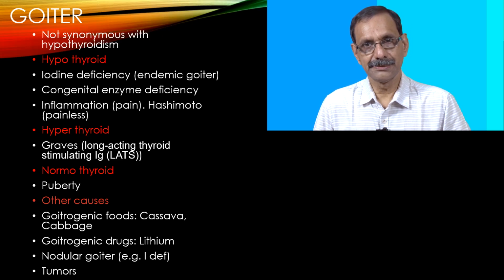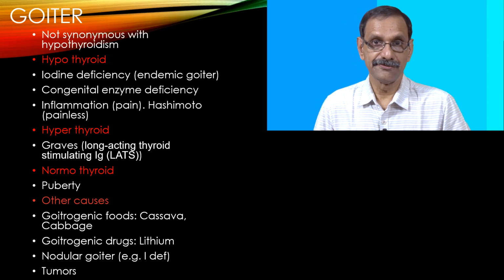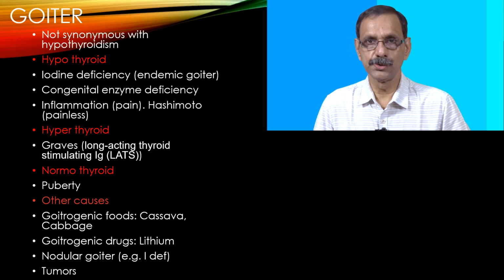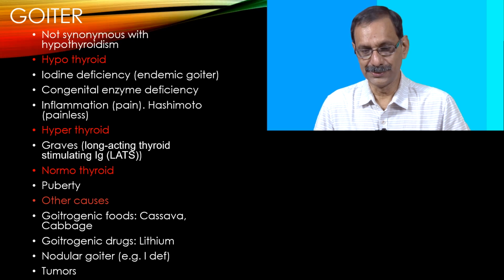And this TSH stimulates the thyroid, and the growth of the thyroid gland, or the hyperplasia or hypertrophy of the thyroid gland, need not be uniform. So there may be areas where it proliferates a little bit more, so it could become nodular. And obviously tumors, malignant and non-malignant, can produce nodules in goiter.